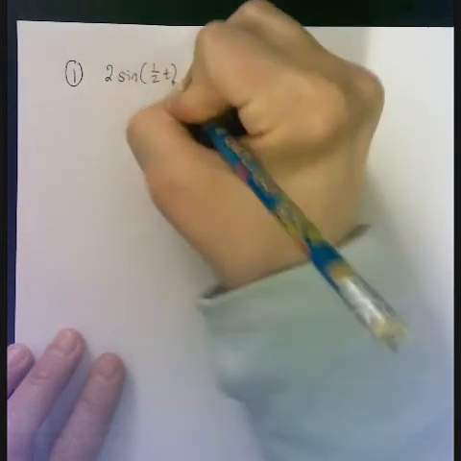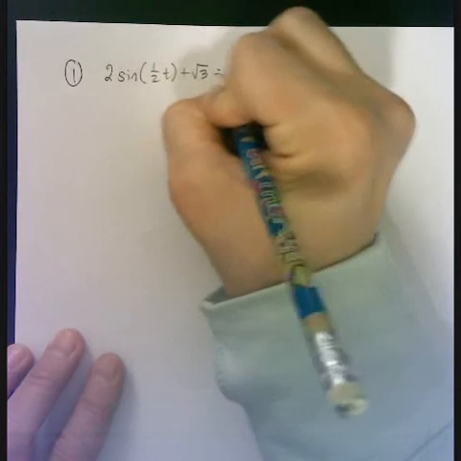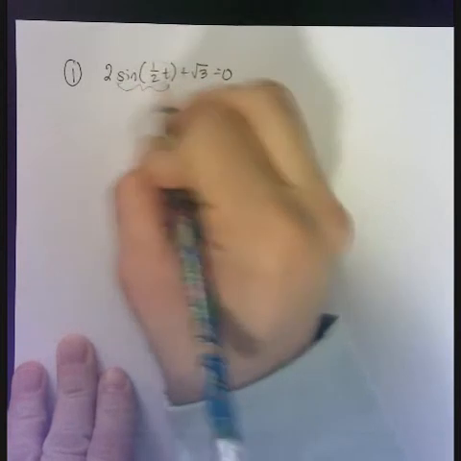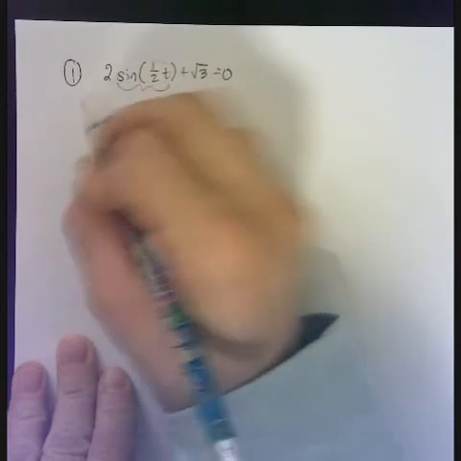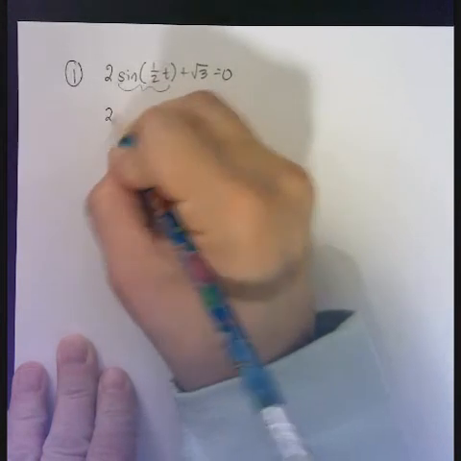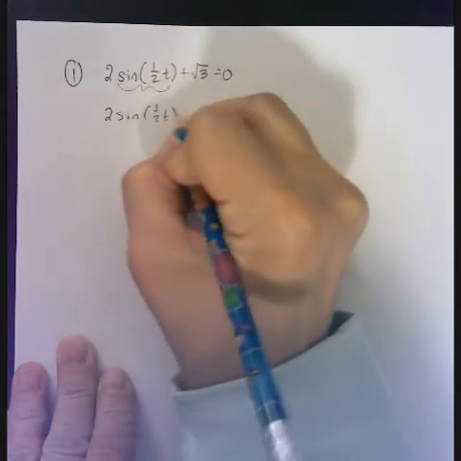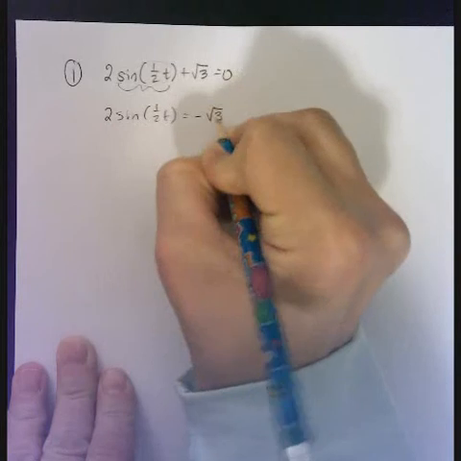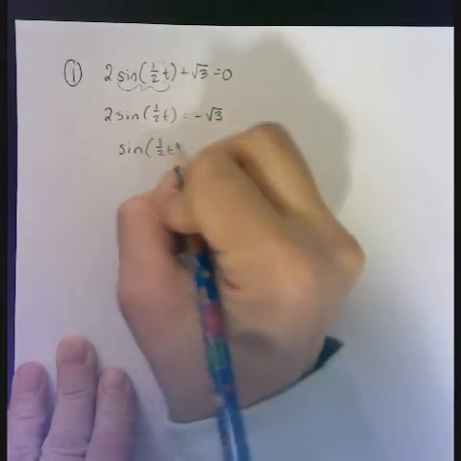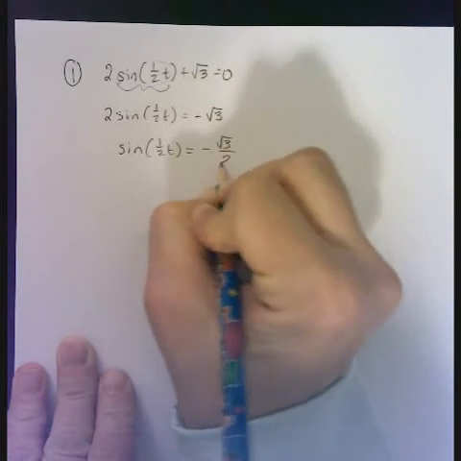So again, this is in the argument of the function. You can't do anything with that. But the stuff outside, you can subtract the square root of 3. And then divide both sides by 2. But your argument, that's inside the operation of the function. You can't take that out of there, so that stays in.